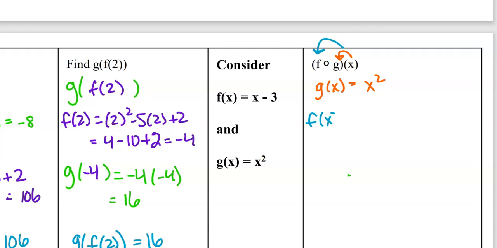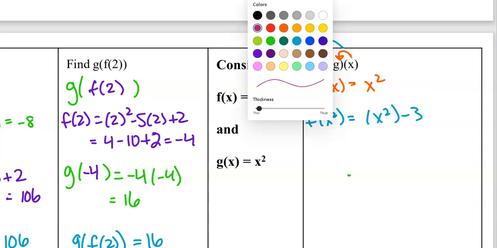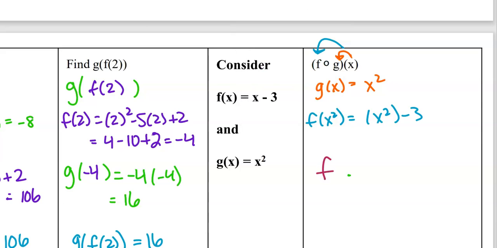So f of x squared means wherever I see an x in my function, it is now an x squared. So instead of x minus 3, it is now x squared minus 3. Can I do anything else with that? Nope. So f of g of x is going to equal x squared minus 3.